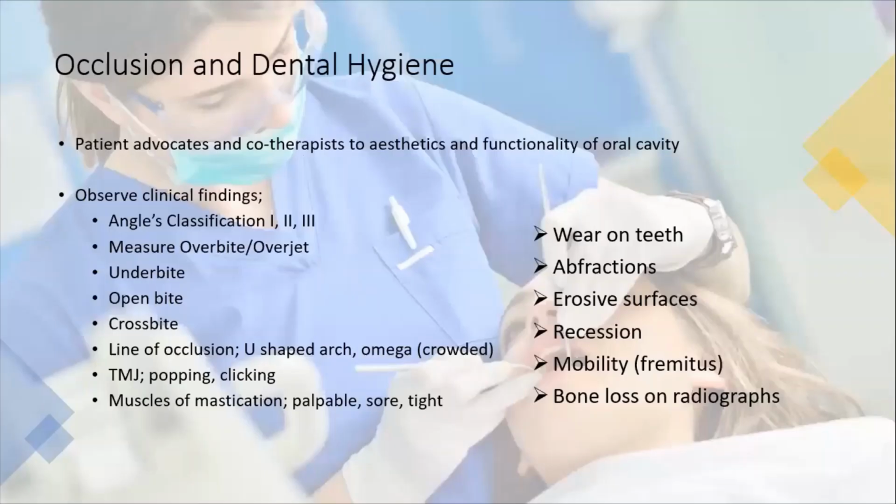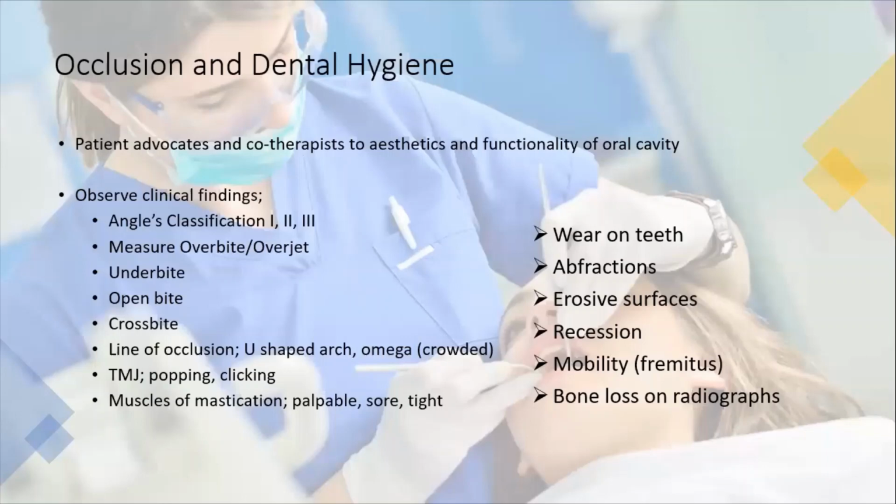So why is occlusion and dental hygiene important? So as a dental hygienist, we are the patient advocates and we are the co-therapists to aesthetics and the functionality of the oral cavity. So it's really our job to observe these clinical findings.